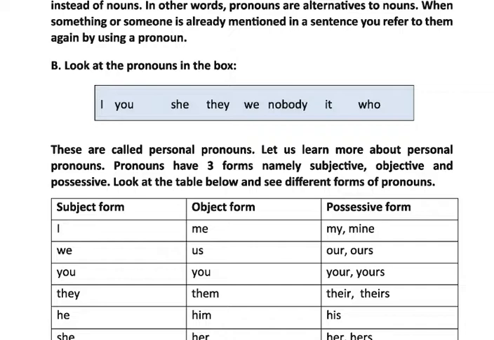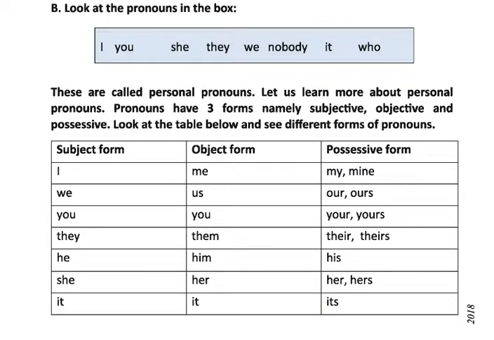I, me, my, mine; we, us, our, ours; you, you, your, yours; they, them, their, theirs; he, him, his, his; she, her, her, hers; it.